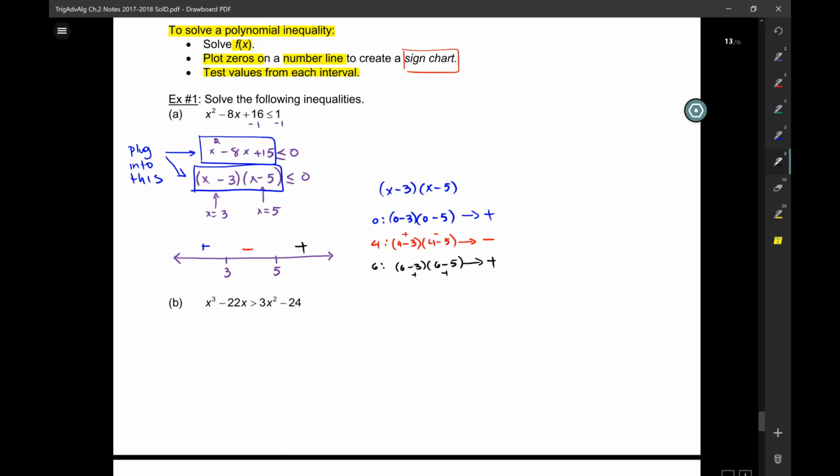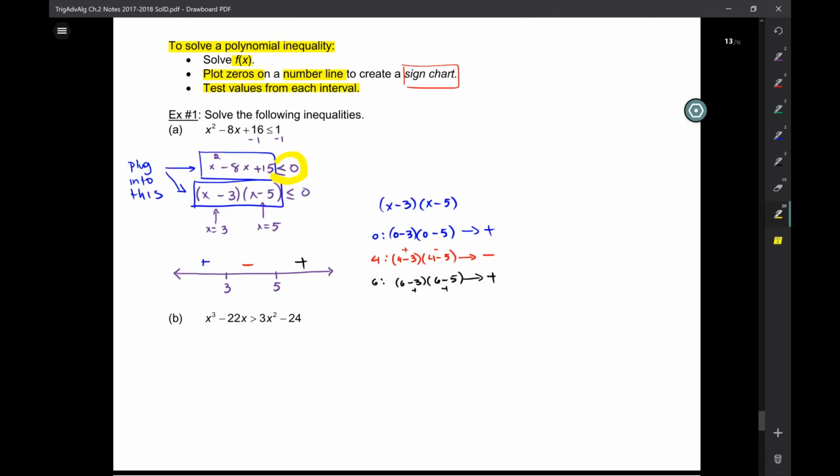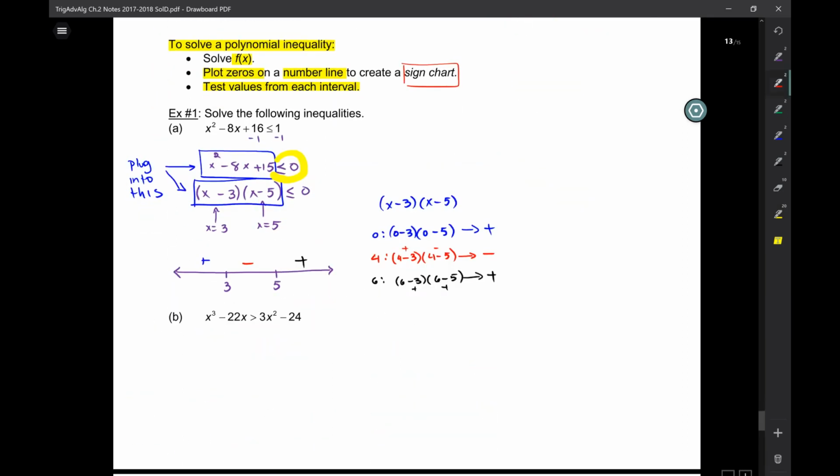Okay? Now, initially, our equation said x squared minus 8x plus 15 is less than or equal to 0. Is that positive or negative? Less than or equal to 0 means negative. Okay? So here we want the negative region. In this sign chart, the middle region is where I got negatives, right?